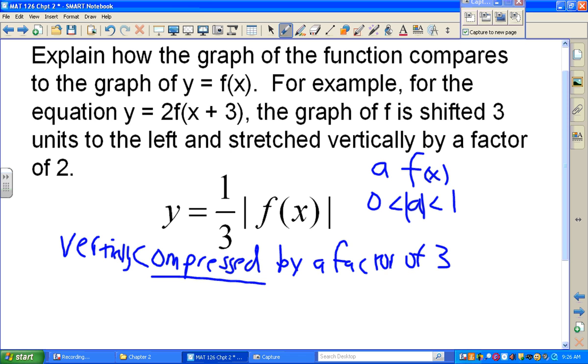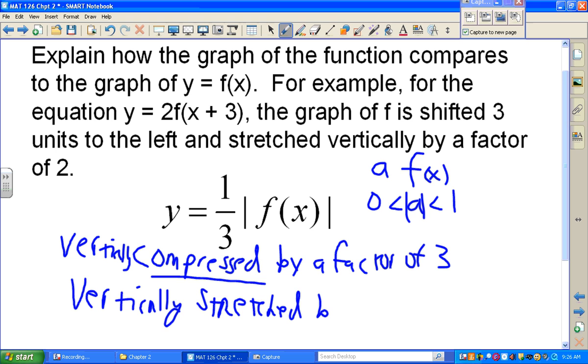So compressed already tells you it's a fraction. Or you can say vertically stretched by 1/3. You see the difference in the words and the definitions? A compression already tells you it's a fraction. The 3 tells you it's a denominator. Or you can say vertically stretched by 1/3, which means you're pushing it down.